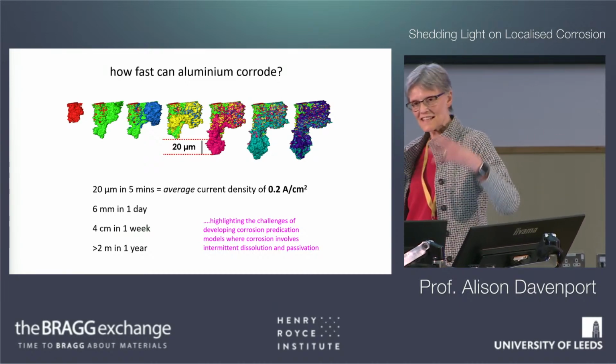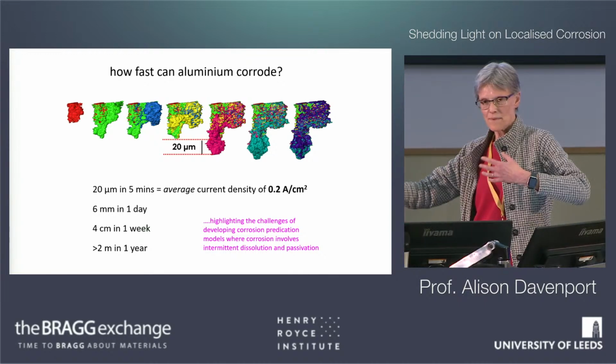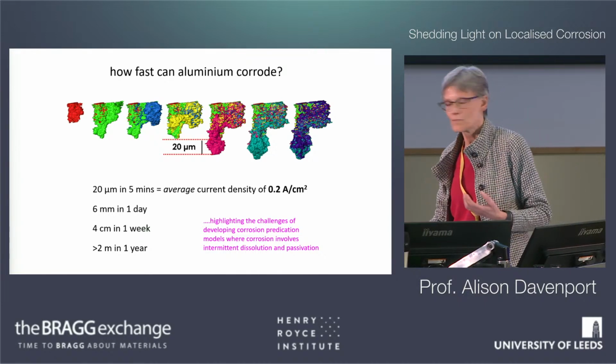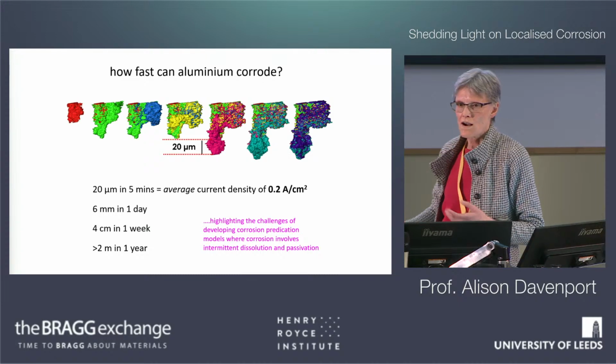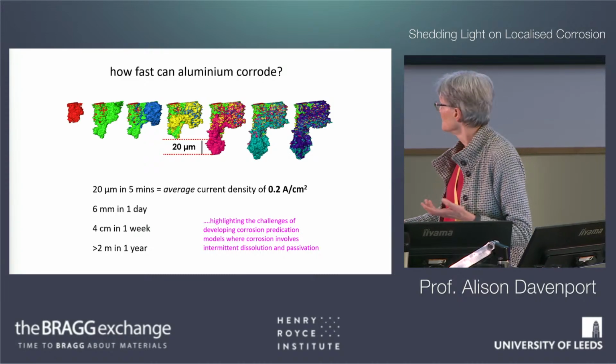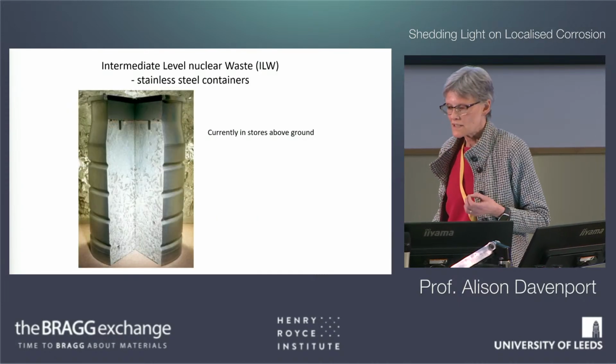So you can see that the aggregate growth of these things is based on this very, very intermittent process. And that's why measuring it is going to be very difficult. Predicting it is going to be very difficult.